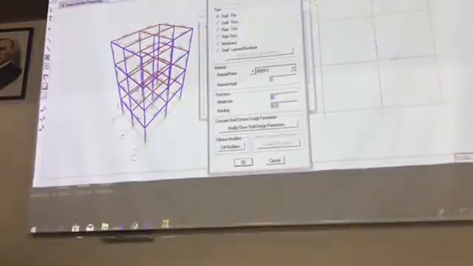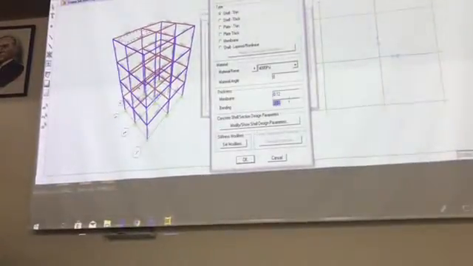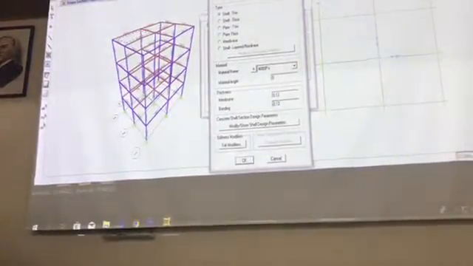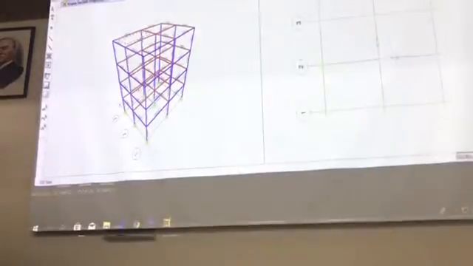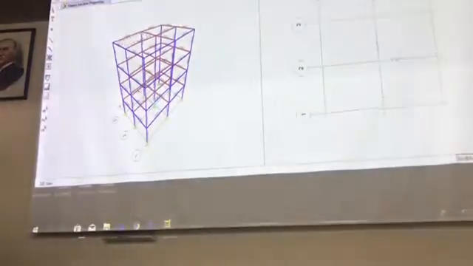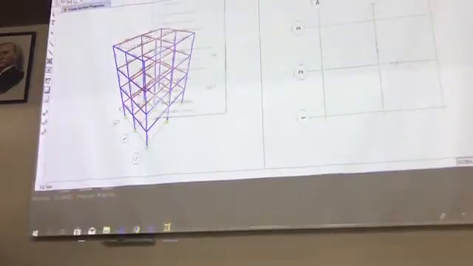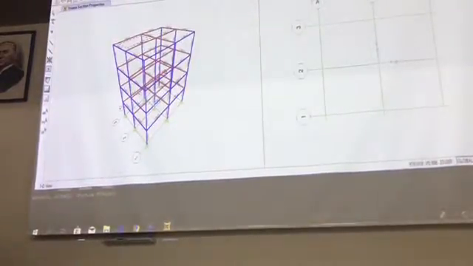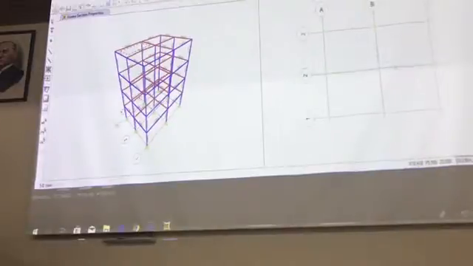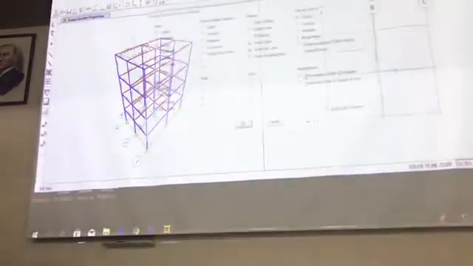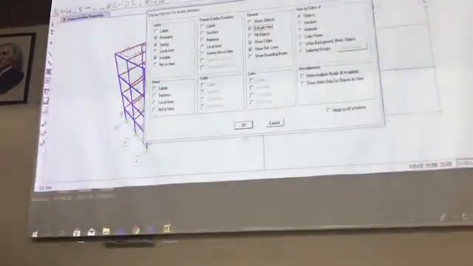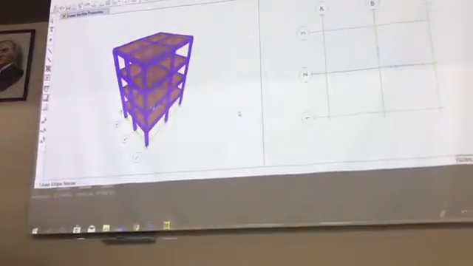Let's make it 0.12. Let's change them also. Okay, this is a similar structure to our building. Extrude view. Okay.